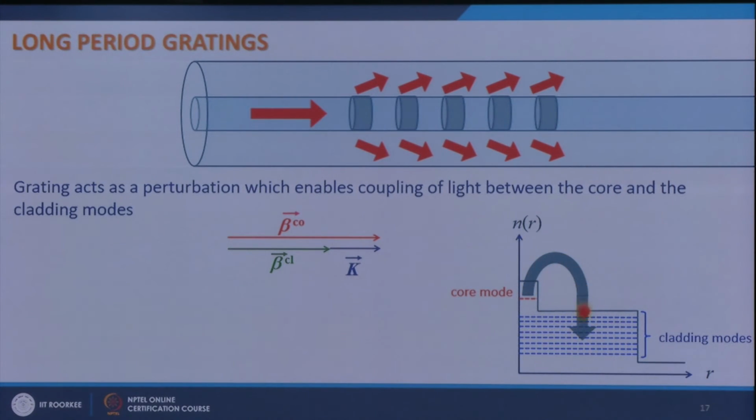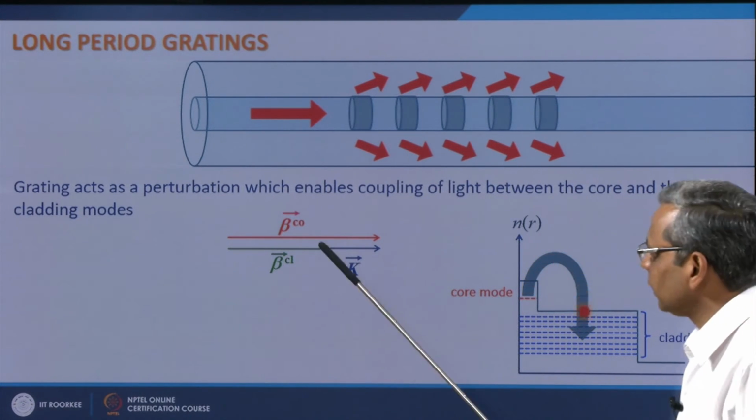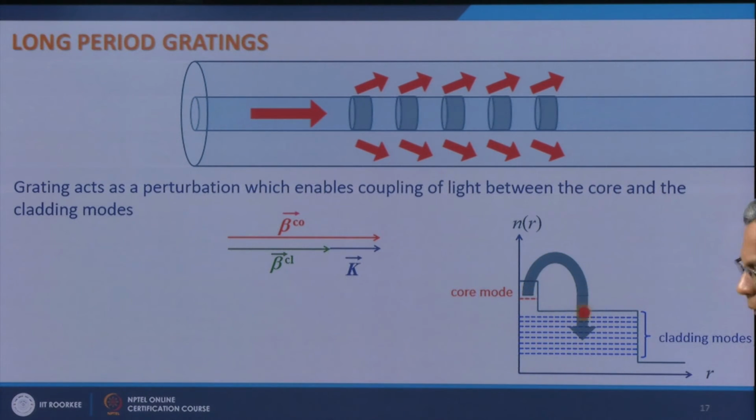What I can do with the help of this periodic perturbation is couple light from a core mode to one or more cladding modes, and this coupling would be efficient if the phase matching condition is satisfied.